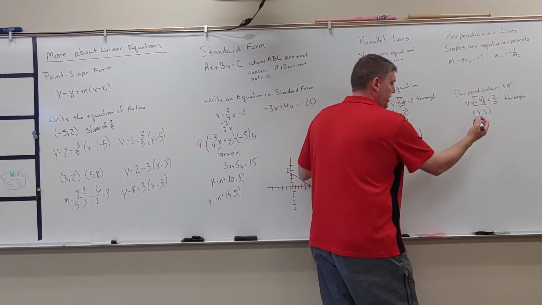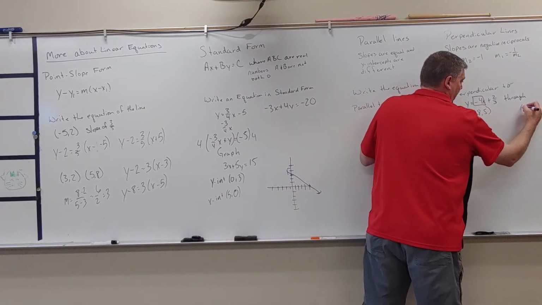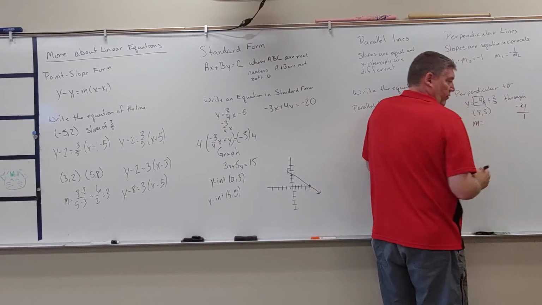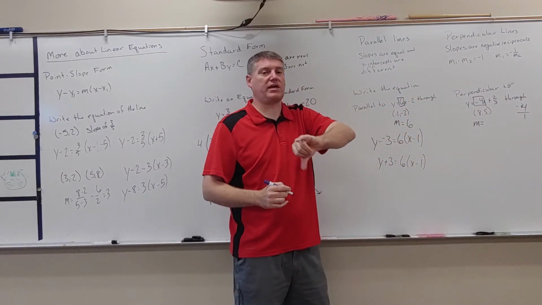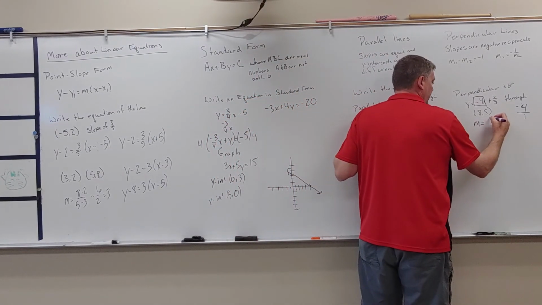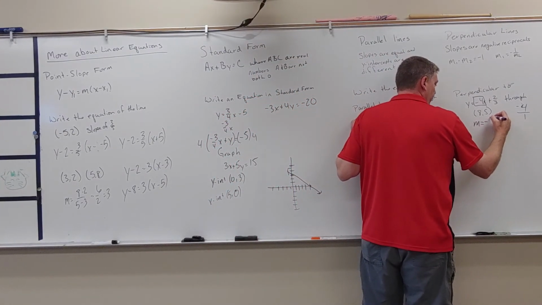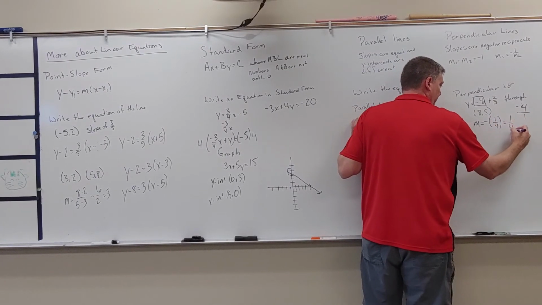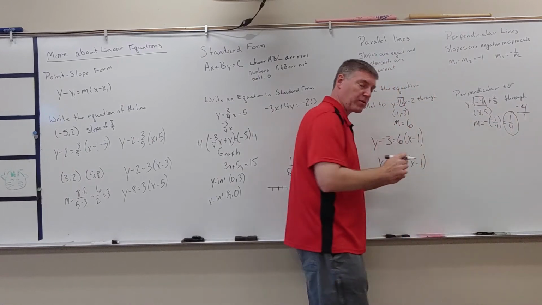So if I have -4, that's really -4/1. So I'm going to take that slope, flip it and negate it. So I have -1/4, which gives me 1/4. There's my slope. That's the slope I want to use.